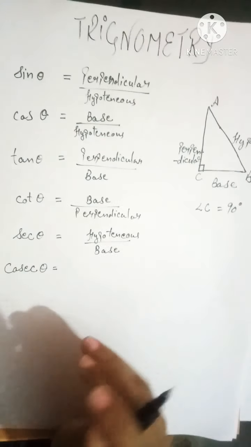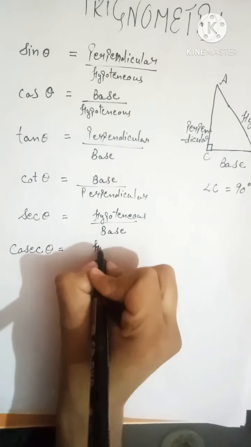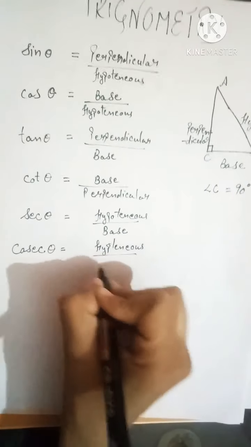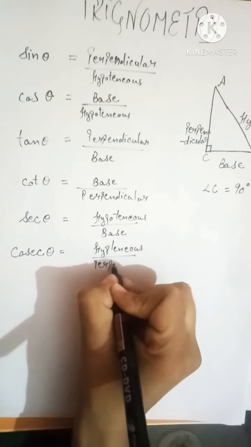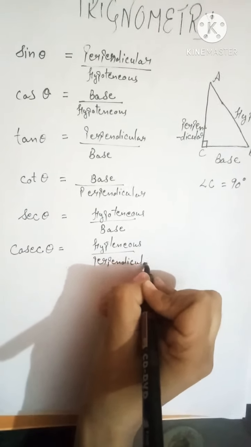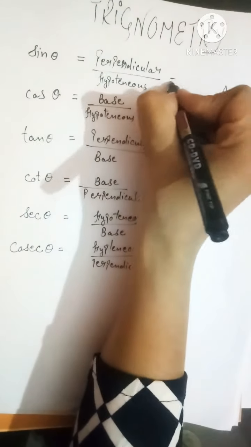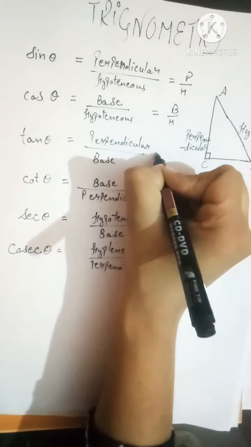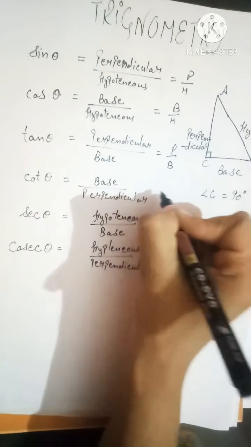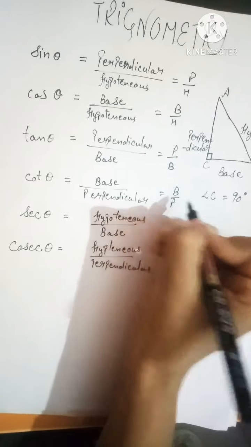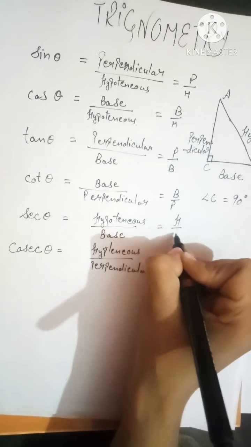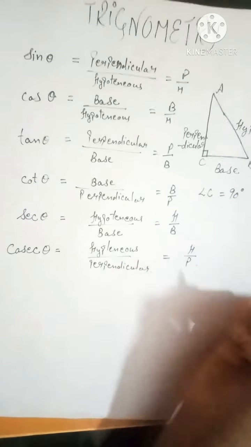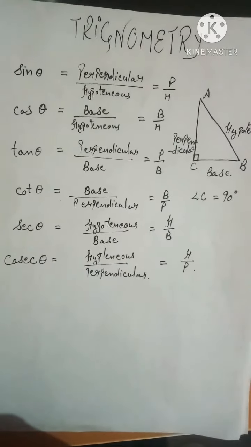And cosecant theta is hypotenuse upon perpendicular. That is, sin theta is P upon H, cos theta is B upon H, tan theta is P upon B, cot theta is B upon P, secant theta is H upon B, and the last one, cosecant theta, is H upon P. Hope everyone is clear up to here.